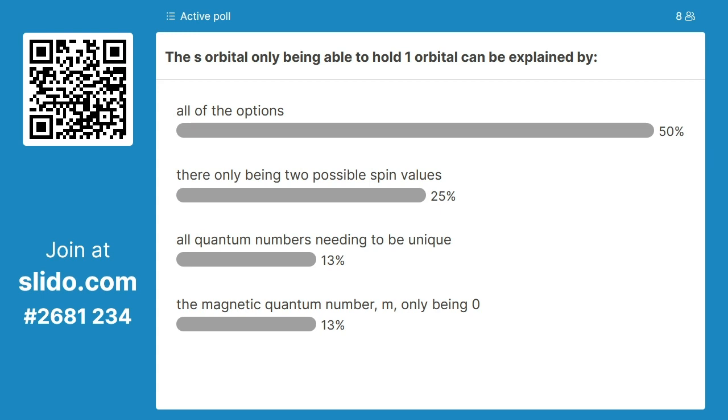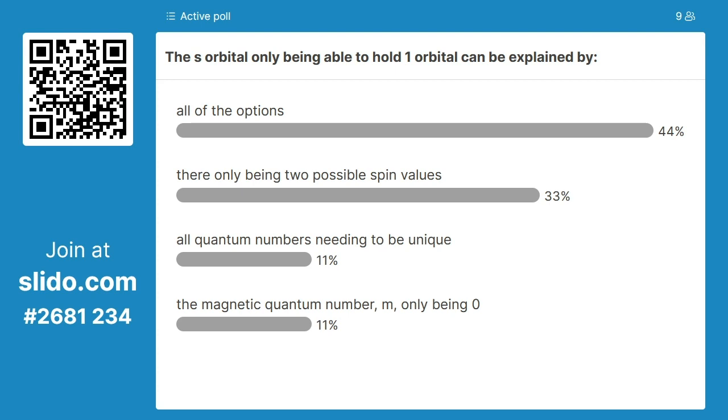Right, so if we think about this, the s orbital, if we go back to that picture of it before, it's a sphere. So we can't really orient it in a different way. And that's reflected by the fact that we only have one number that we get out when we look at the number of possible orientations. Because all quantum numbers need to be unique, we can't just double up and add an extra orbital in that has all the same properties.